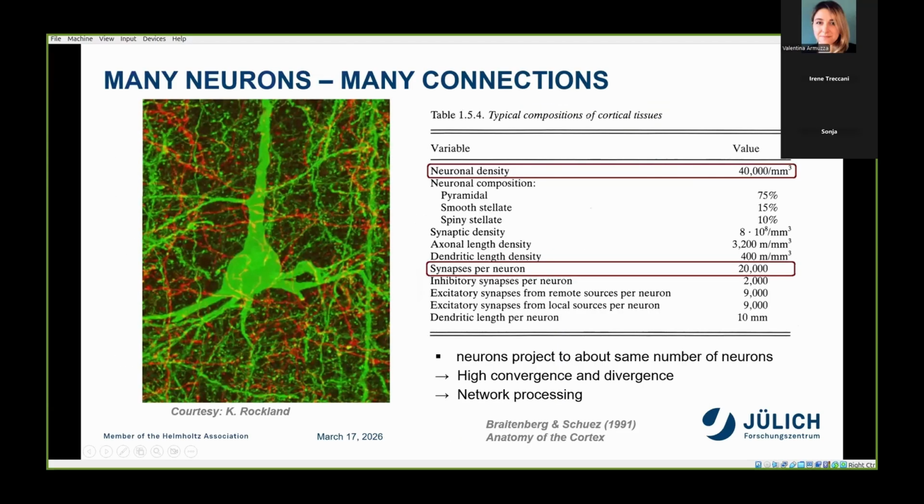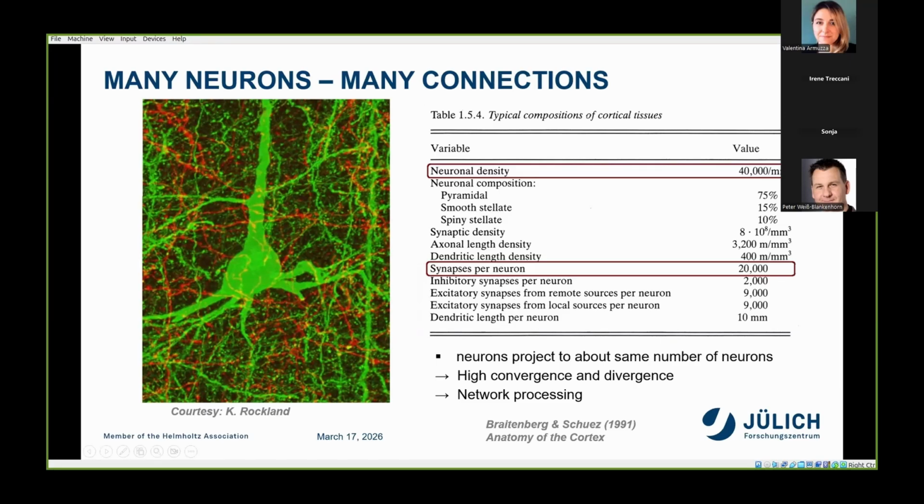If you look at the cortex, which I'm mostly talking about, there are many neurons and many connections, which is also quite interesting, that you have a neuronal density of about 40,000 per cubic millimeter. It's very dense.